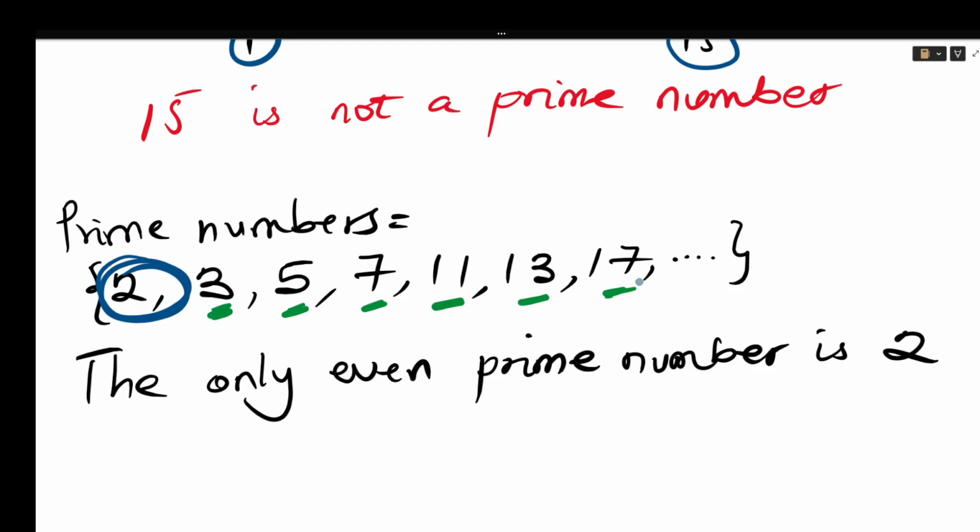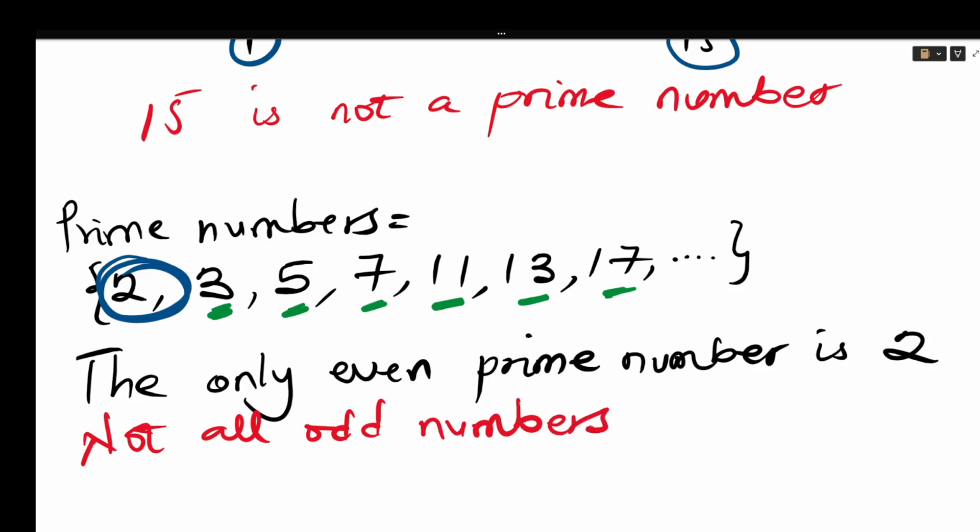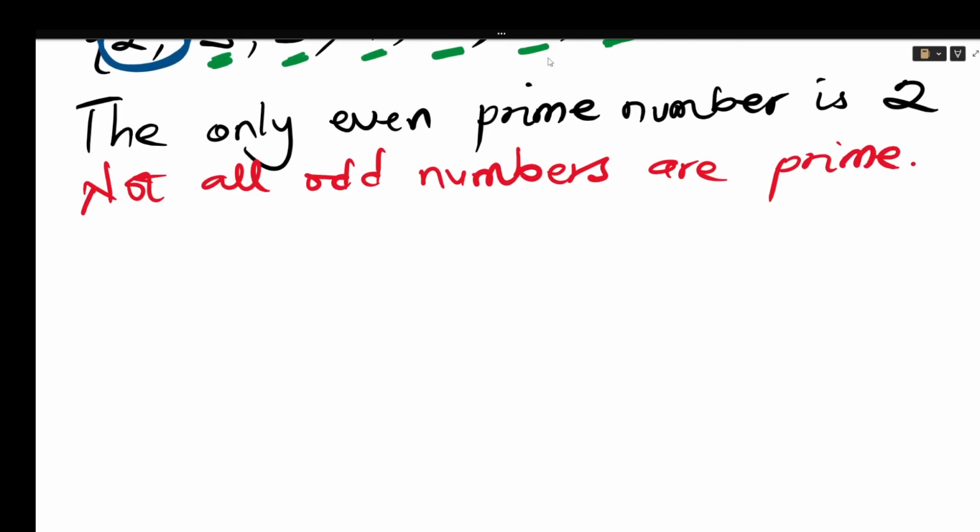That also doesn't mean every odd number is a prime number. So let's take note. Not all odd numbers are prime. This is because we even tested with 15 right above here.